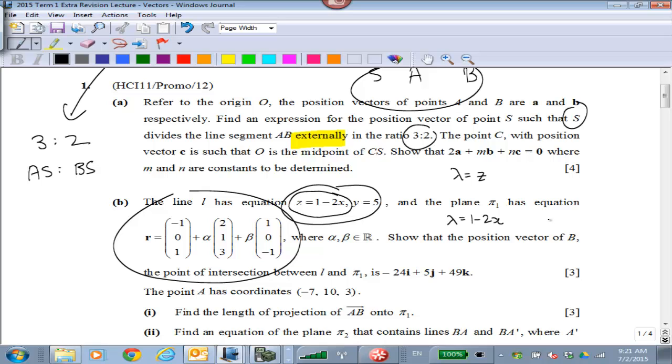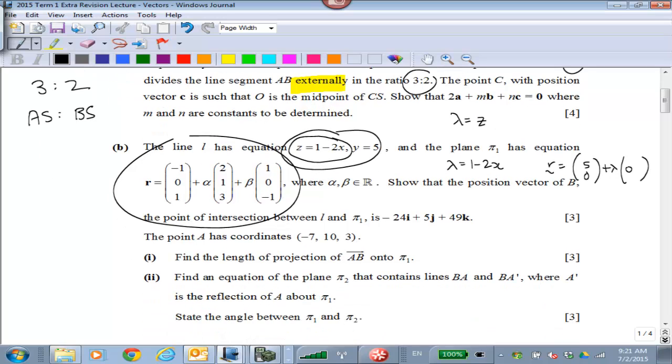Which means that I know my equation is going to look something like this already. 5 in the middle, plus lambda, this one is 0. Make sense? Because I'm telling you y is always 5, which means that lambda is not going to affect the value. The only thing now I need to know is what the x coordinate is like, what the z coordinate is like. Lambda equals z, correct? So what you need to do is make x, y, z the subject. y is already the subject.